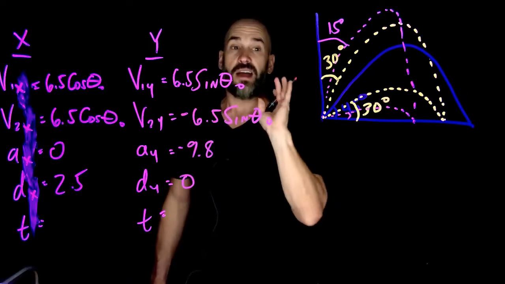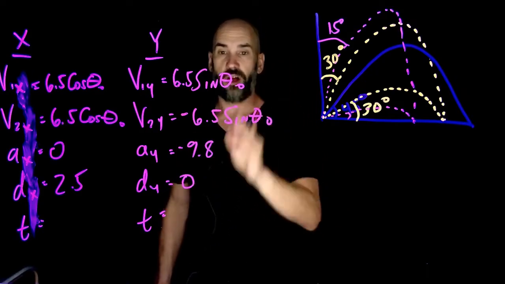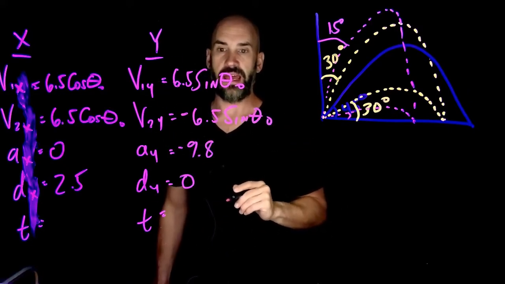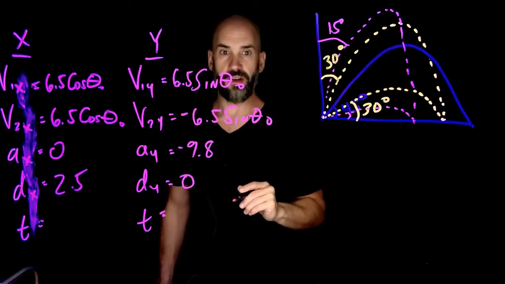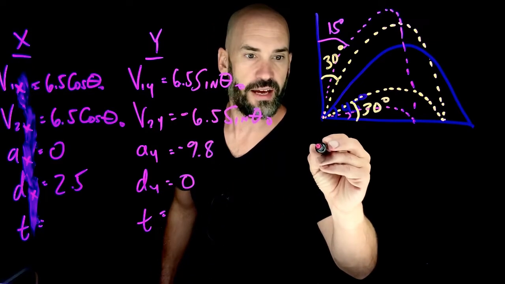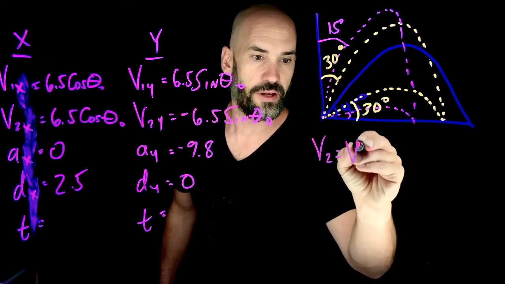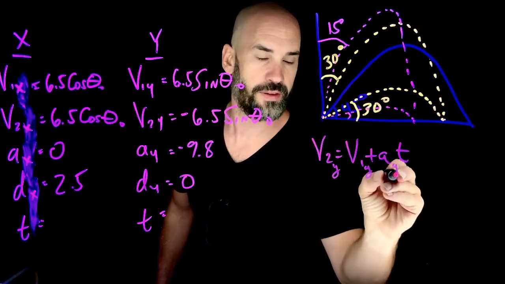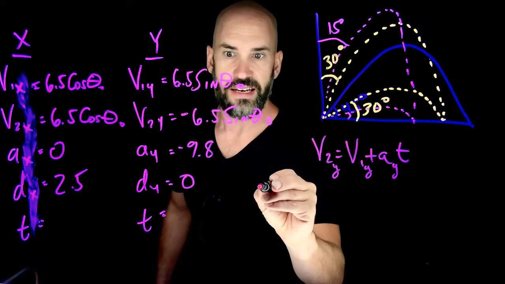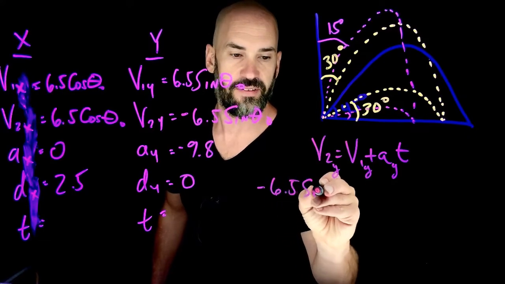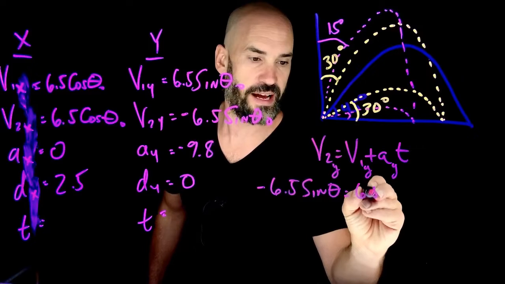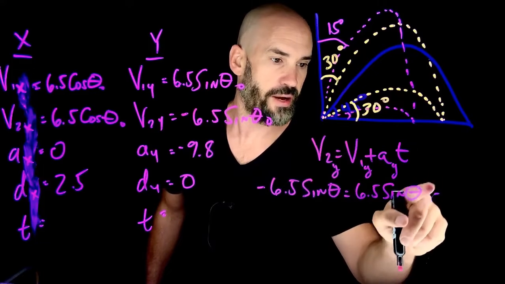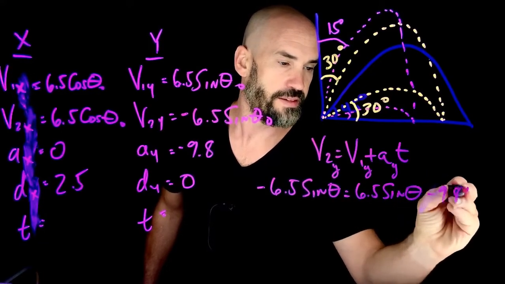So as I always recommend, before you do anything, solve for time, right? I am going to use this dimension over here to solve for time. And what do I know? Well, I know that v2 equals v1 plus at, and I'll put little y's there to show that I'm doing this in the y direction. So that means that I have negative 6.5 sine of theta equals 6.5 sine of theta plus, minus 9.8 t.